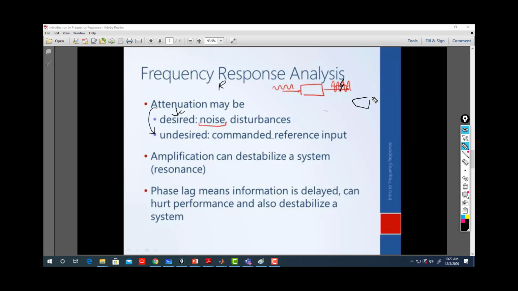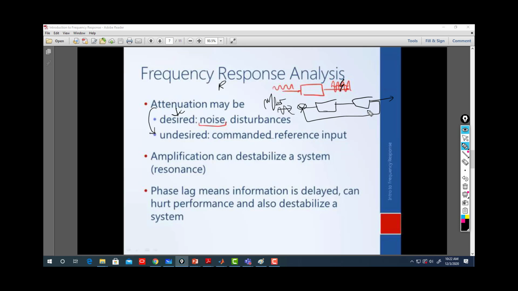So you have a controller, and this is your input. Whatever input you have, you don't desire to attenuate it.